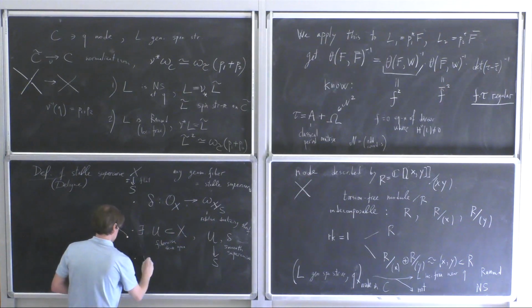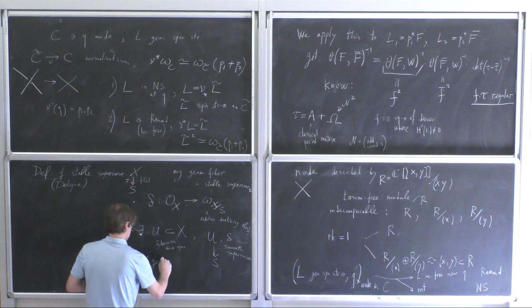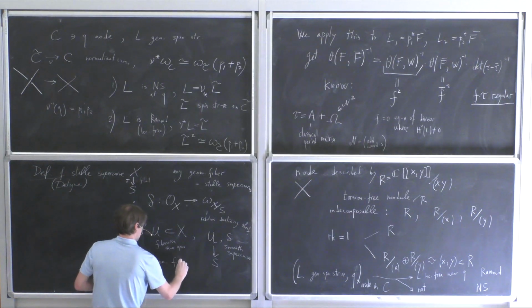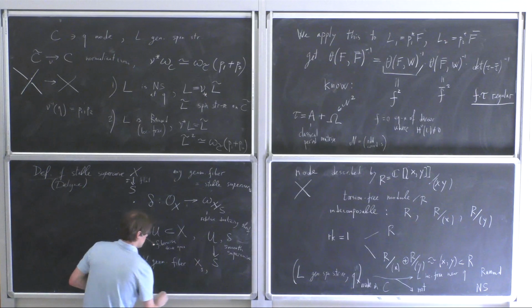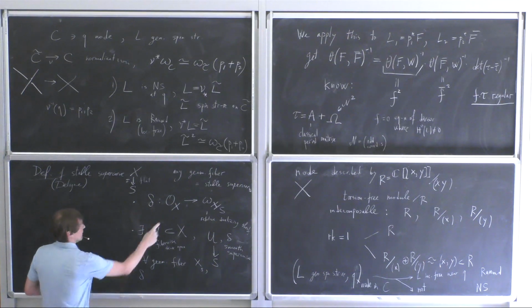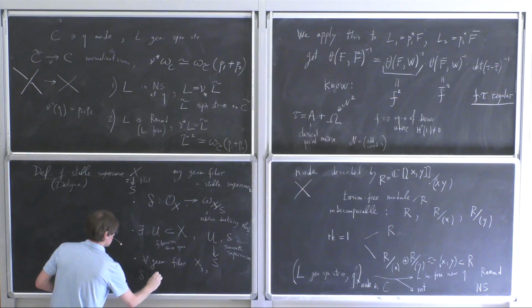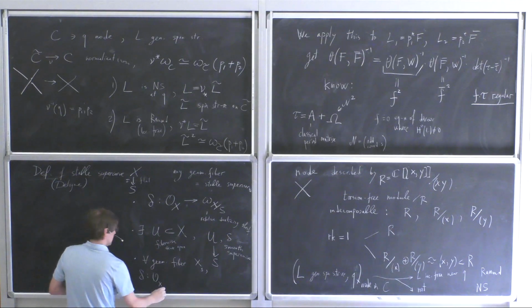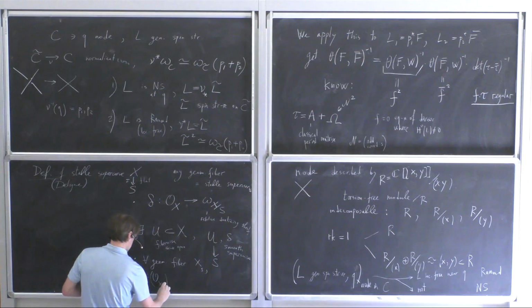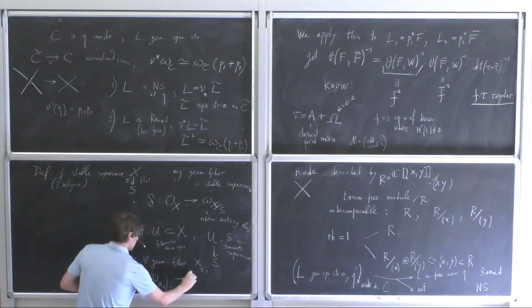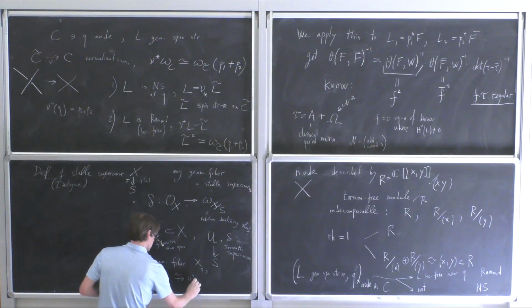For any geometric fiber X_s, if you look at what kind of map it induces on the odd parts of the corresponding sheaves, then it actually becomes an isomorphism.